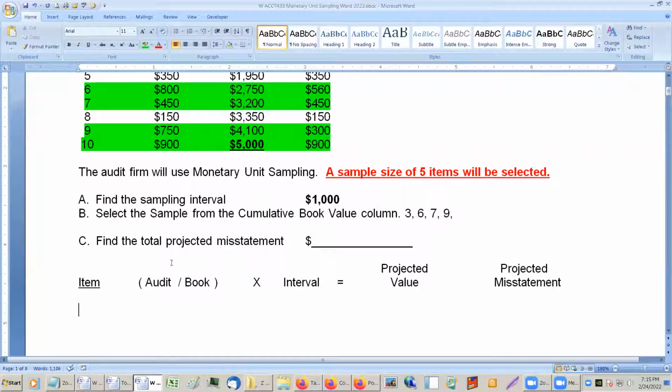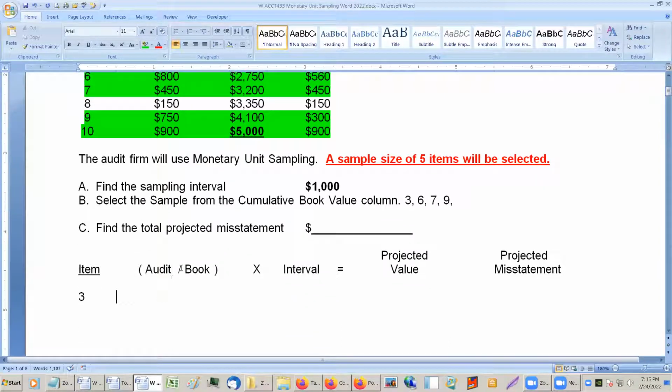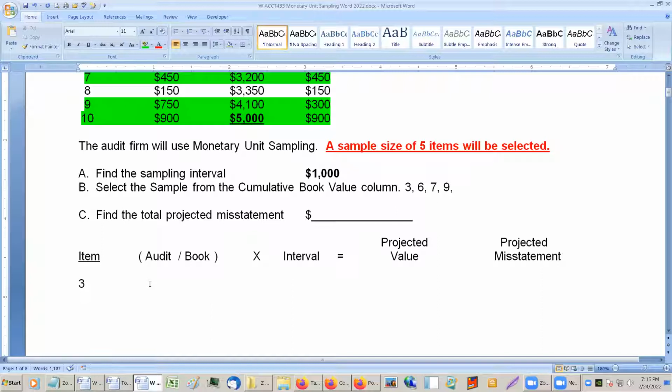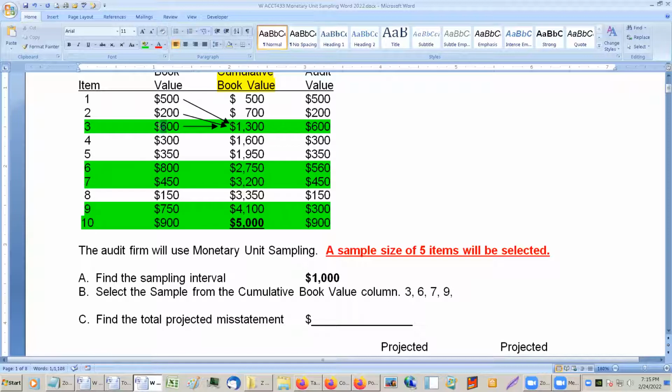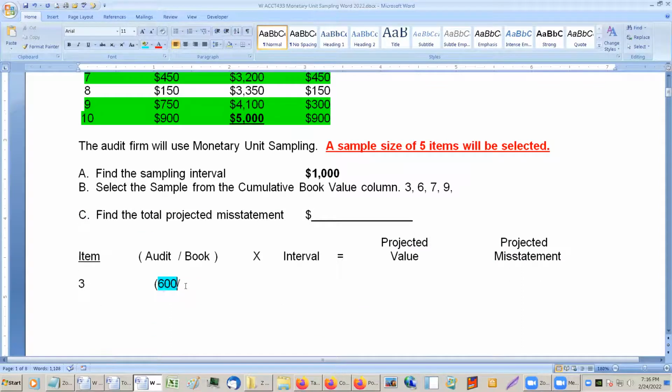Okay, so the first item was item 3. The audit amount was 600. The book amount was 600.